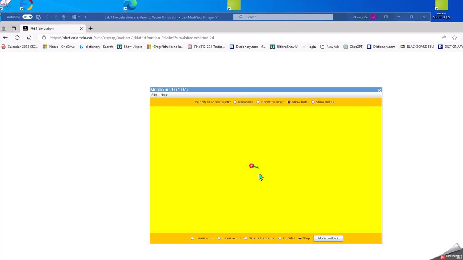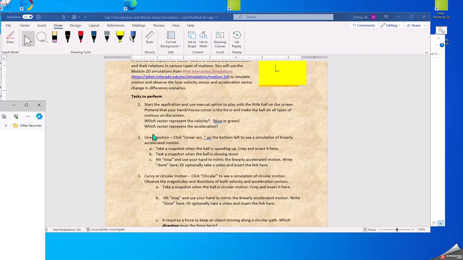Yes, you're right. The green is the velocity, where it goes. The blue is where the green changes. Where the velocity changes, that's the acceleration. Now we know the green is the velocity, the blue is the acceleration, which is right down here.